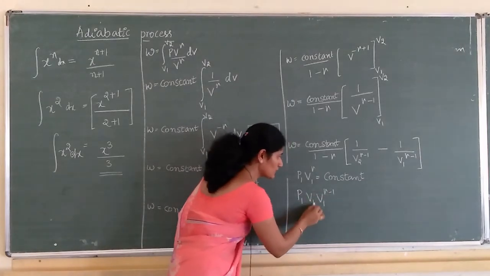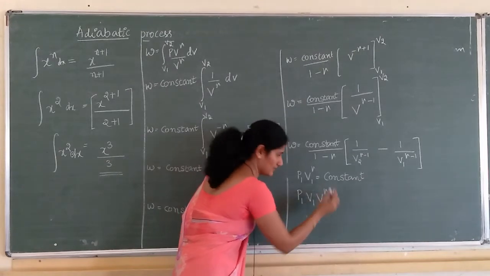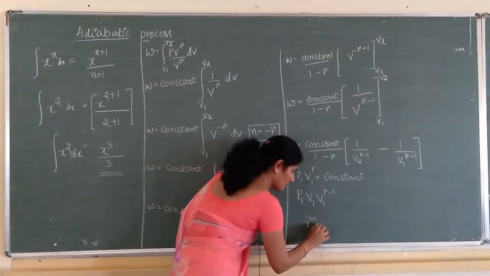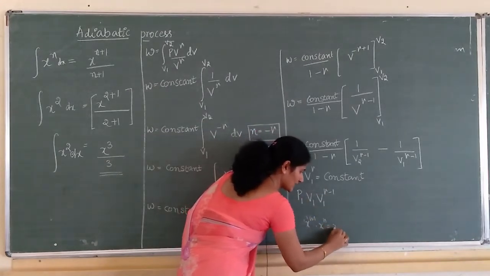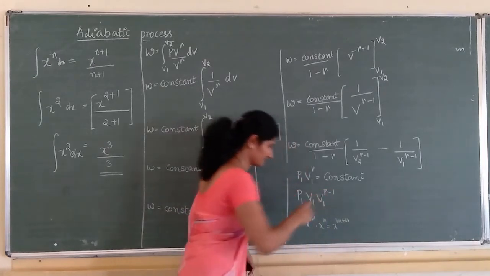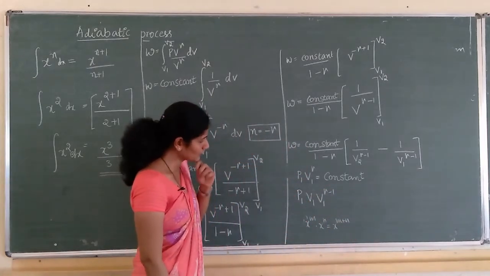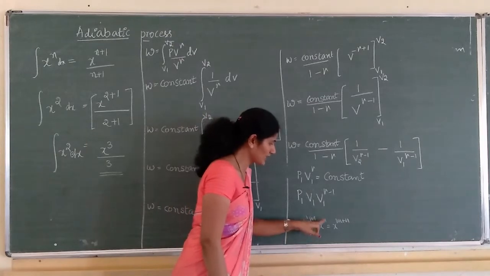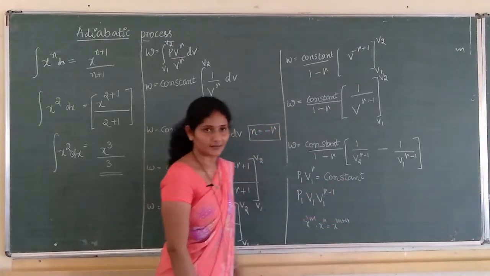It is like x to the power m into x to the power n, which is nothing but x to the power m plus n, or a to the power m into a to the power n is a to the power m plus n.